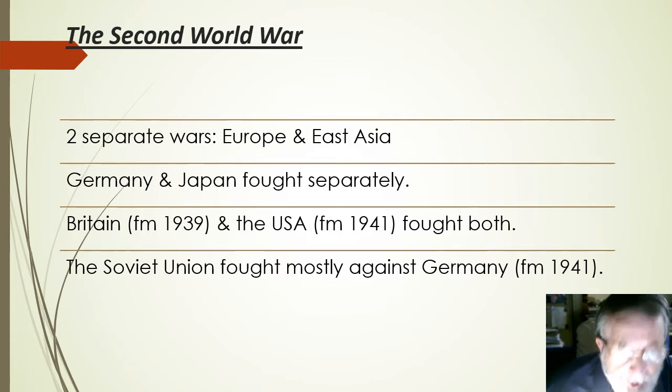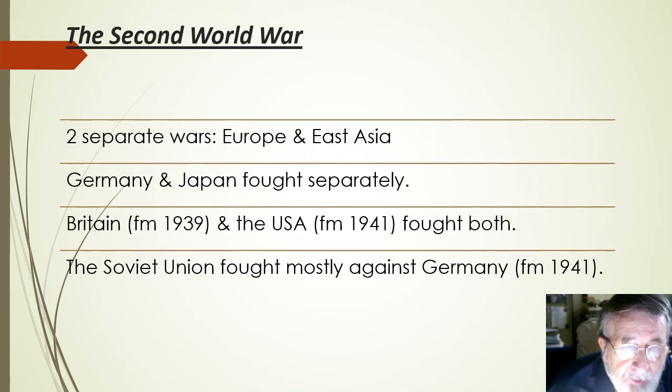So first of all, the general point that for Parker, as for most people, the Second World War can be seen as 2 separate wars, one in Europe and the other one in East Asia and the Pacific, although in Parker's case, unlike some writers, he doesn't go back to the Japanese-Chinese War from 1937, but begins with the Japanese expansion in 1941.